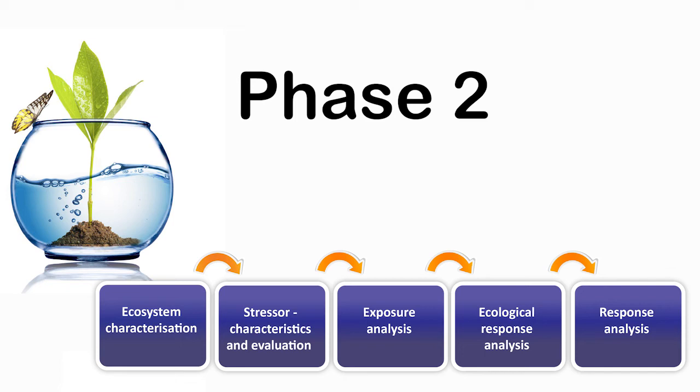The analysis phase focuses on exposure assessment and effect assessment. It addresses these questions. What are the health problems at different exposures? How much of the pollutant are people exposed to during a specific time period? And how many people are exposed?